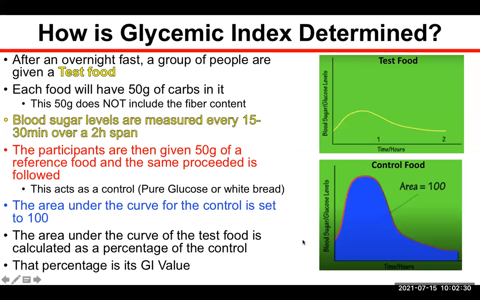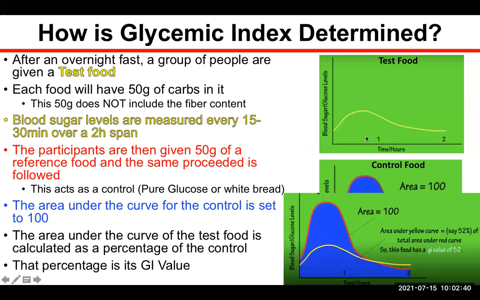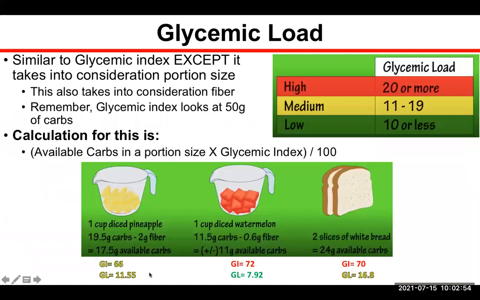They set this positive control to 100, so the area under the curve of this is 100. Then they overlapped these two curves, and the area under the tested food was divided by the area from the control food, and that number is how your GI value is determined.